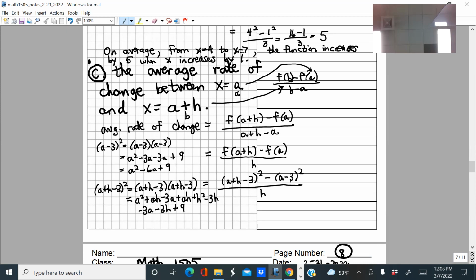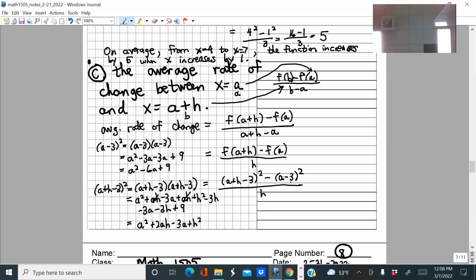Are there any like terms there that we can add together? I see a couple of ah's, right? So that's 2ah, right? Are there any other like terms? I don't see any. So these two are gone, right? So I have minus 3a plus h squared. Oops, we have h's, right?